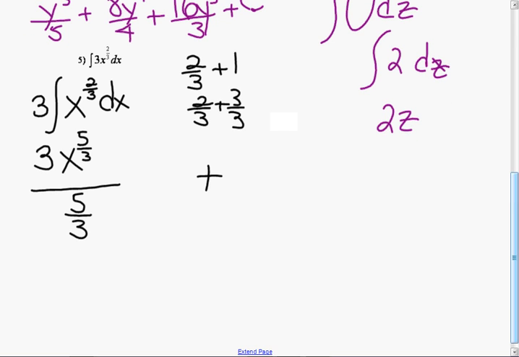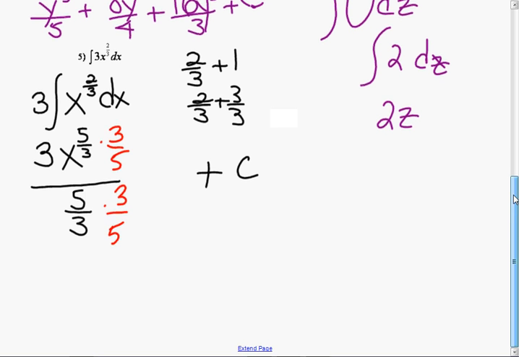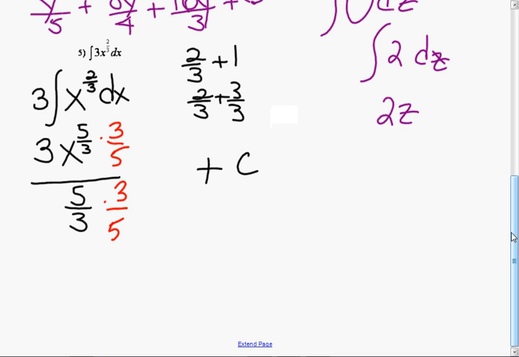Well, it's right, but I won't be able to match on the AP exam. So how can I get rid of 5/3 here? Multiply by 3/5. So what's the answer going to be when I multiply that? 3 times 3 is 9, and 5 times 1 is 5. 3/5 x to the 5/3 plus C.